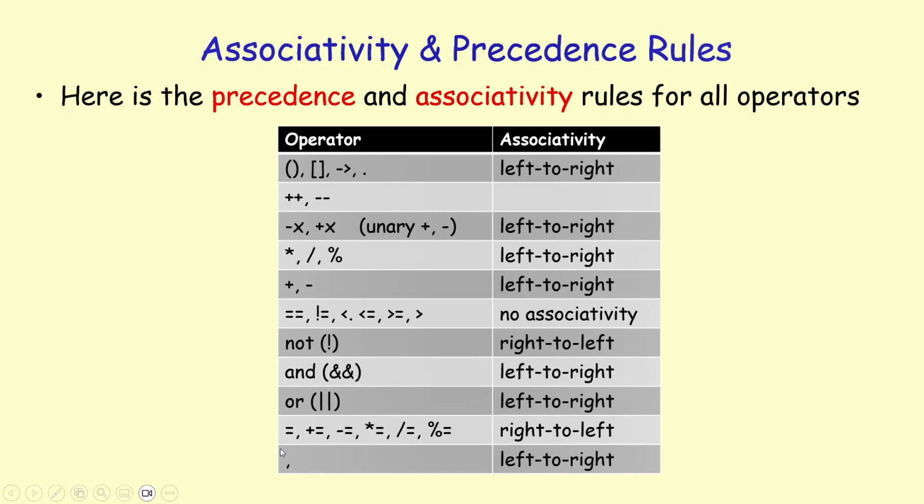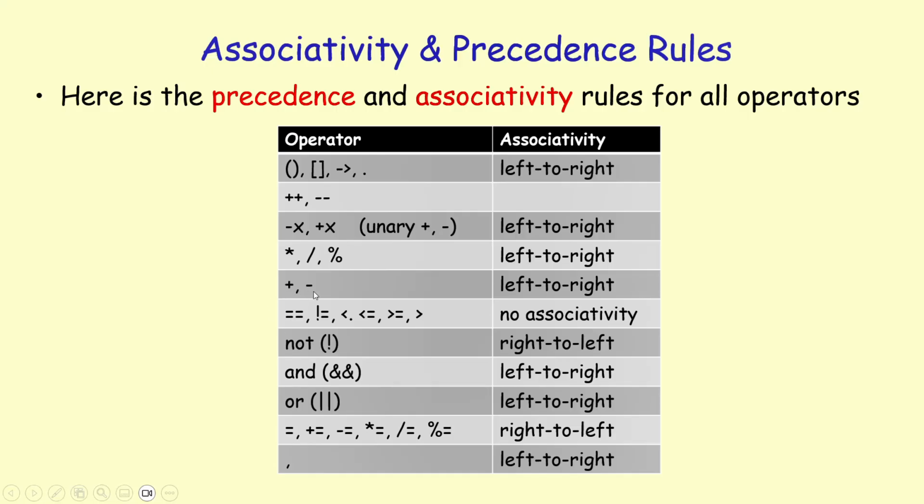And at the bottom, you see the comma operator, which has the lowest priority. So from the top, highest priority, towards the bottom, you see the increment and decrement operators, right? Unary increment and unary decrement, unary plus and unary minus, then multiplication, division, and modulo. So among the arithmetic operators, multiplication, division, and modulo have the highest priority.